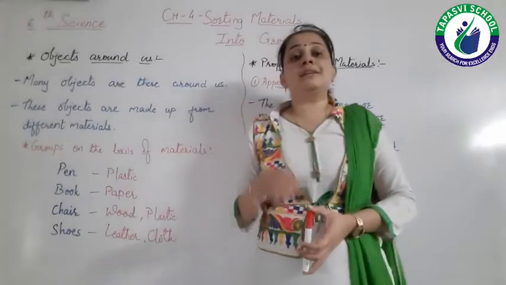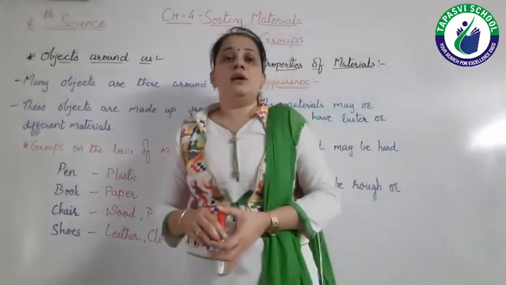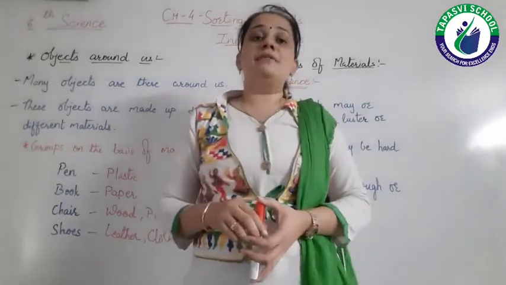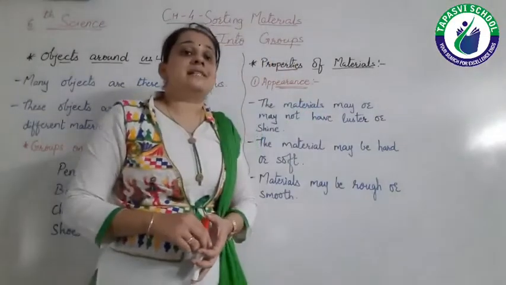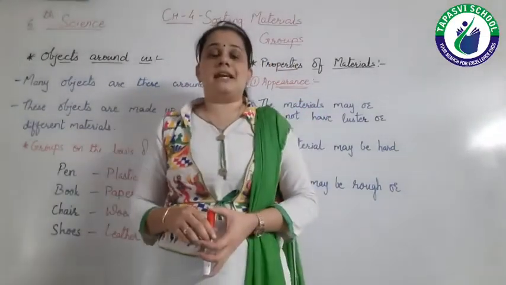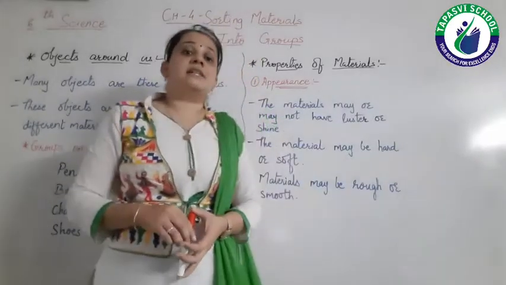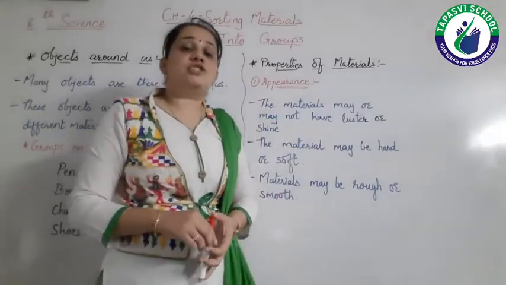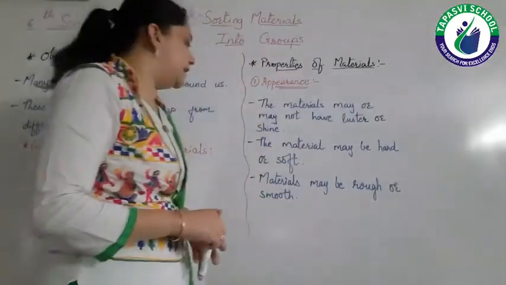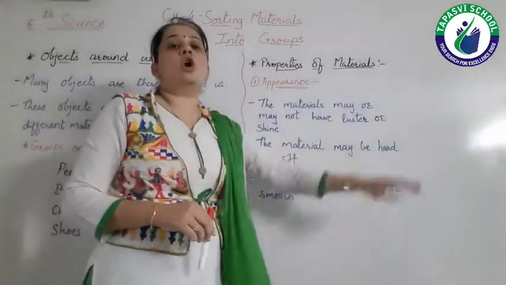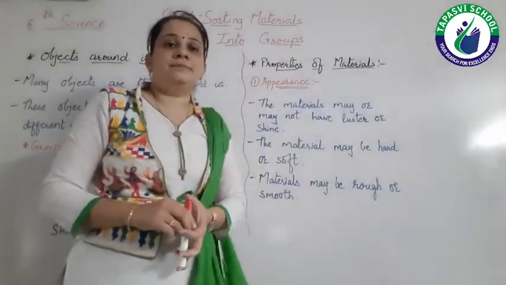So this is the first property of appearance by which we can easily separate the substances, that is having shine or not. The second property which a material has is the hardness or softness.